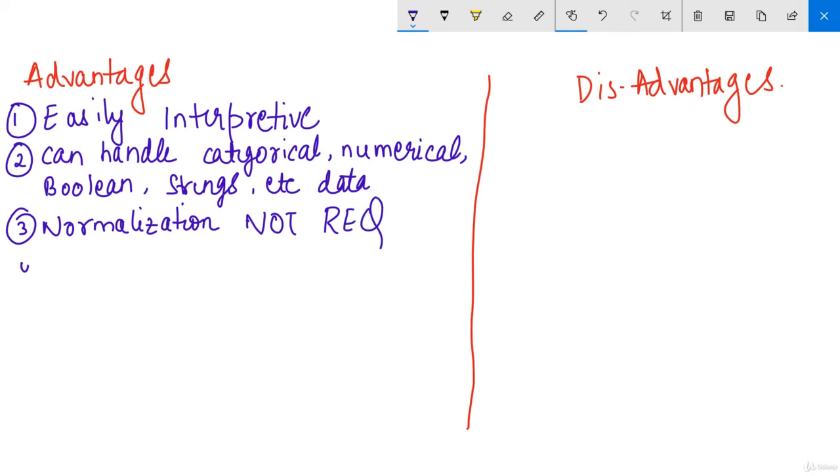Normalization is not required here. Then it gives importance to all the attributes.